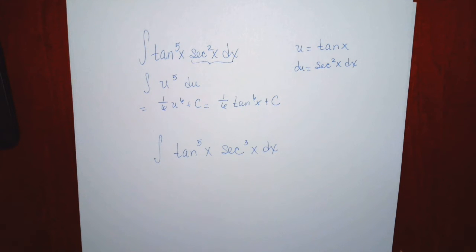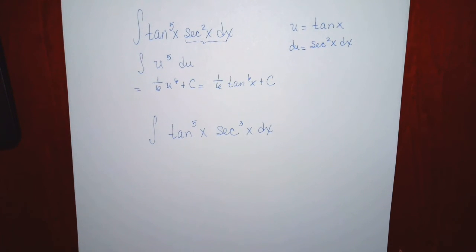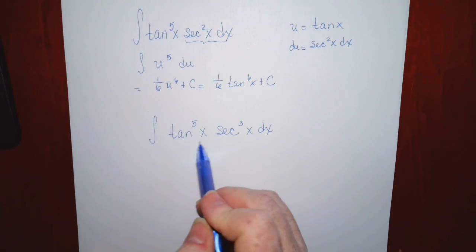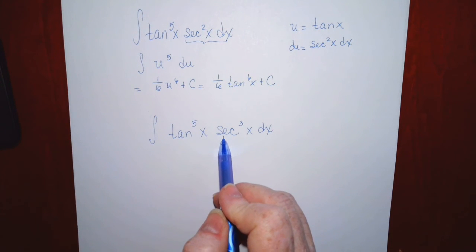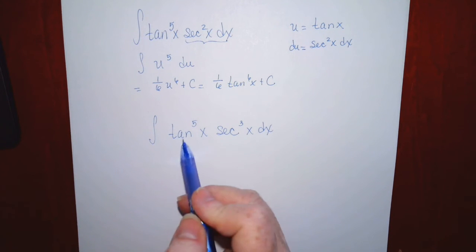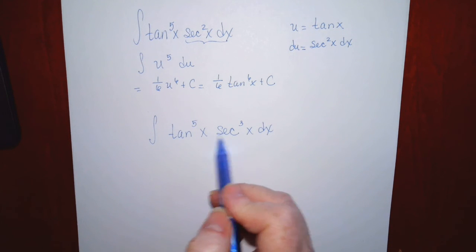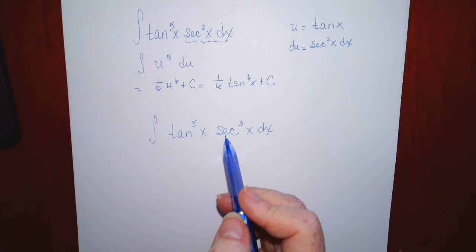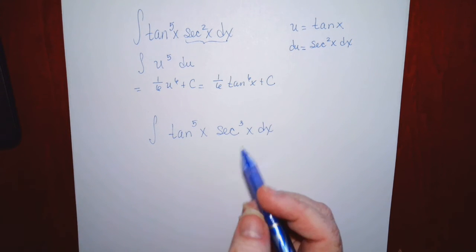Okay, so what might we try here? If we have a tangent to the fifth and a secant cubed, I can't just pull off a secant squared because I can't use the remaining secant. I can't use the Pythagorean identity to rewrite it in terms of tangent.